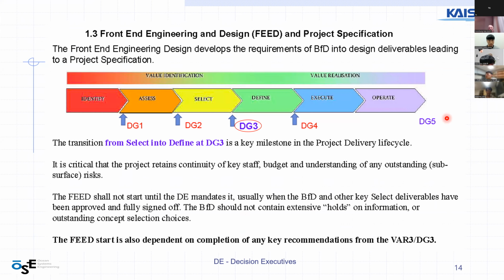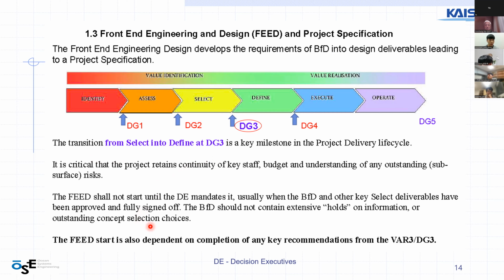This figure is similar to previous slides. The front-end engineering design develops the requirements of the BFD into design deliverables, leading to a project specification. The transition from select into define at DG3 is a key milestone in the project delivery lifecycle. It is critical that the project retains continuity of key steps, budget, and understanding of any outstanding risks.